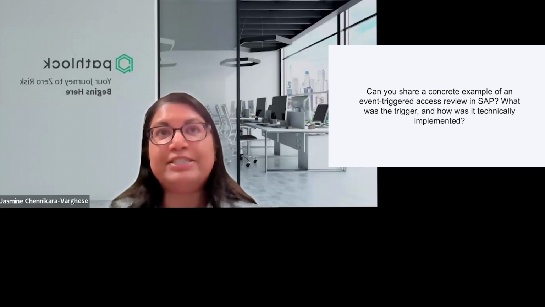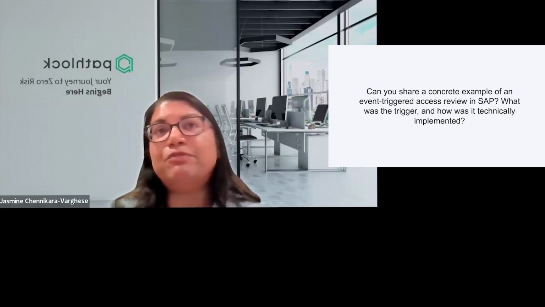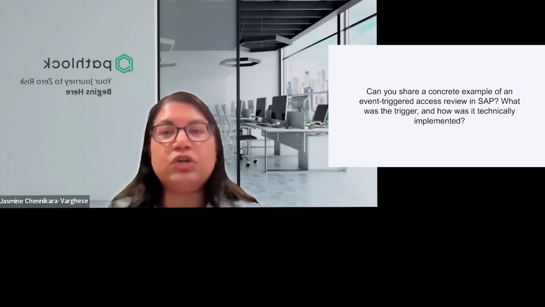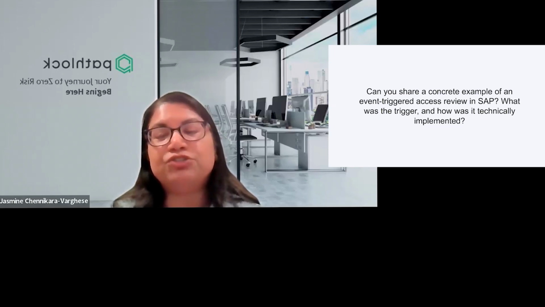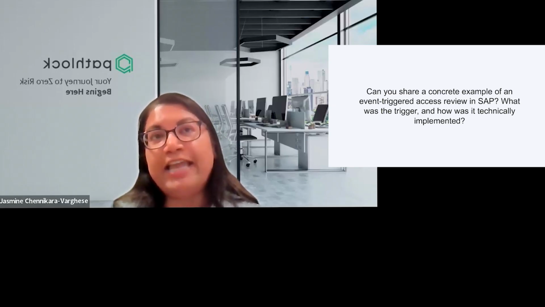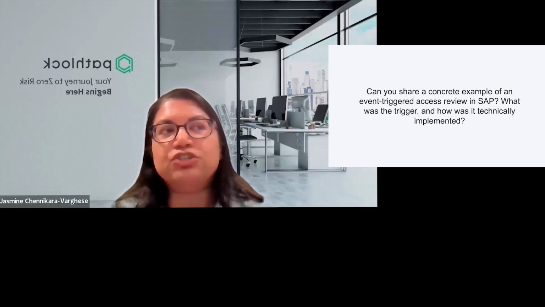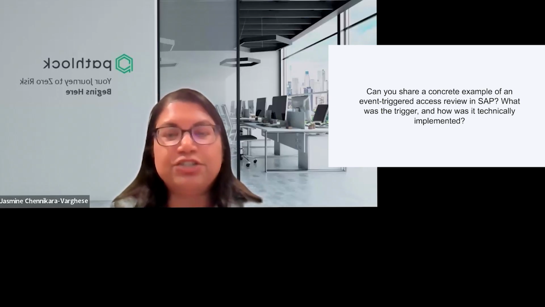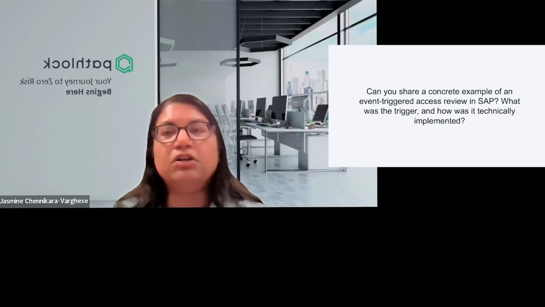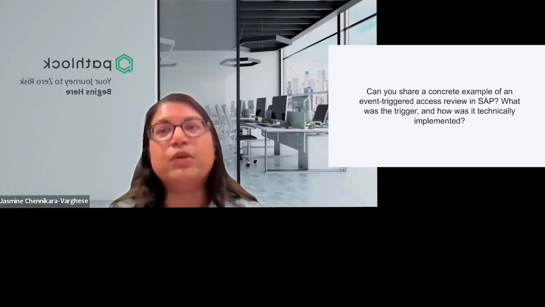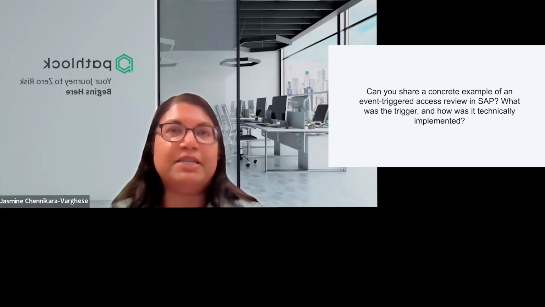But their sales roles may still be there. They haven't been removed. So with event-triggered user access reviews, when we see that HR change happen, because Pathlock is pulling HR records periodically, we'll detect that change and then trigger a user access review so that we can quickly remove those outdated roles that have been assigned to Carol.